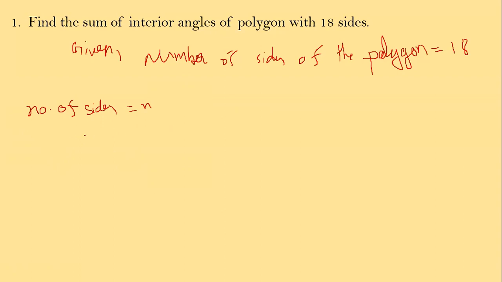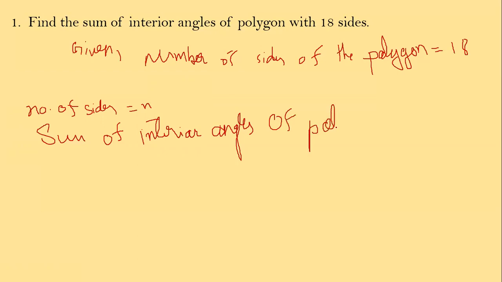The formula was that the sum of interior angles of a polygon is equal to n minus 2 into 180 degrees.